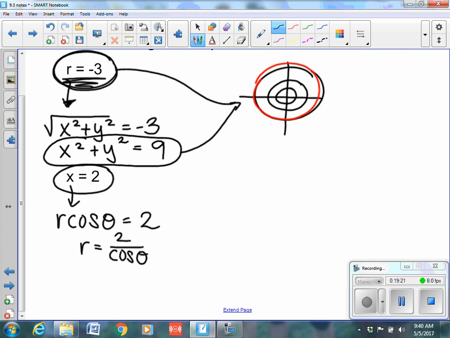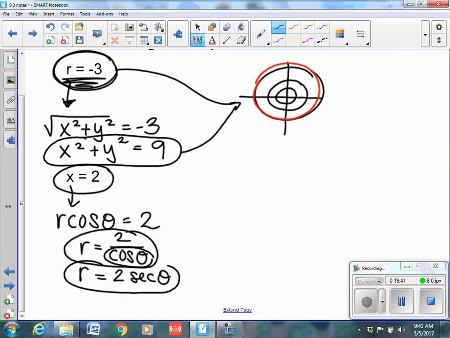This is a very easy chapter 7 problem. And then the back of the book is going to say, isn't 1 over cosine the same thing as secant? Aren't they reciprocals of each other? So the back of the book is going to write 2 secant of theta. I will accept this, but the back of the book will change it and reduce it. Final answer. Any questions on the last part?